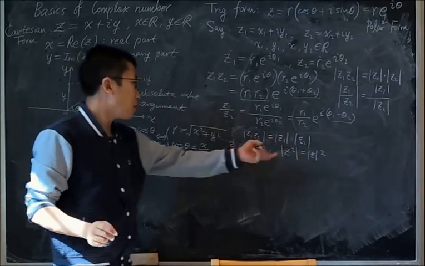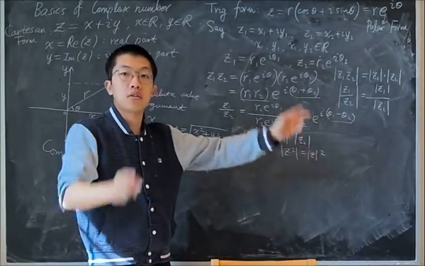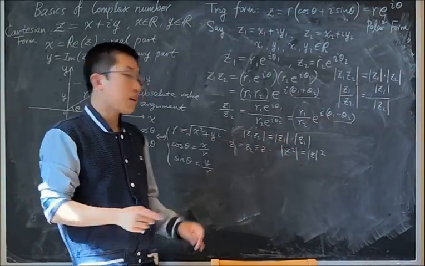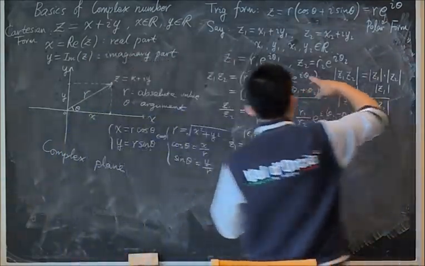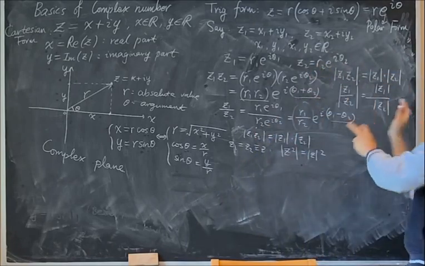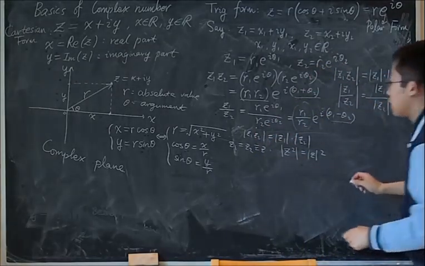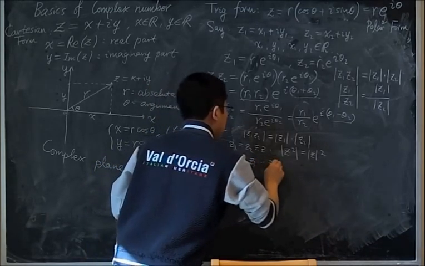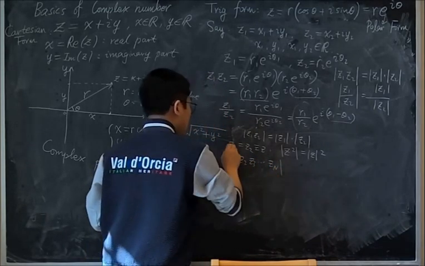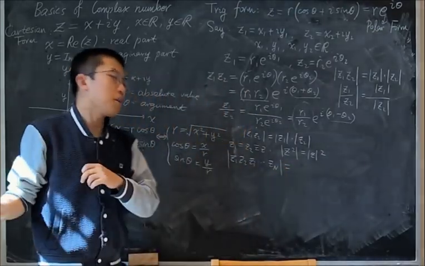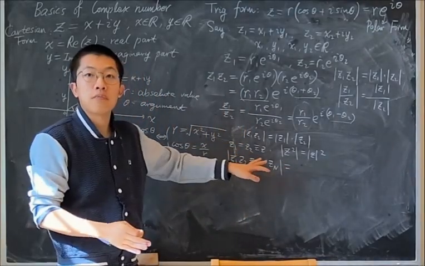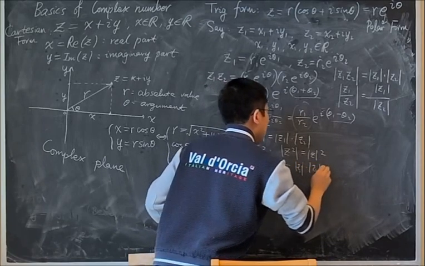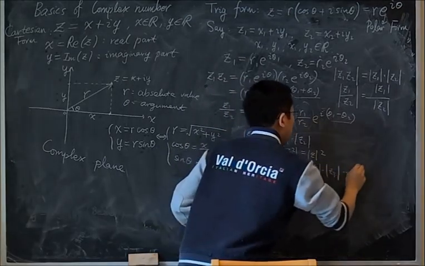So you can literally exchange the order of power and taking the absolute value, and it's still equal. Of course, I can extend a little bit by adding more complex numbers. I can instantly conclude that the absolute value of Z1 Z2 Z3, all the way to Zn, you can just stack a bunch of complex numbers in here, equals the absolute value of Z1 times Z2, Z3, all the way to Zn.